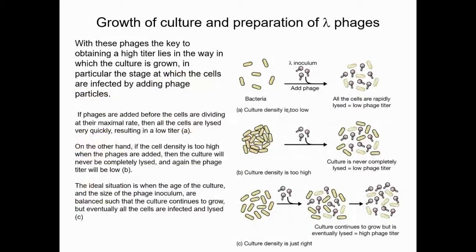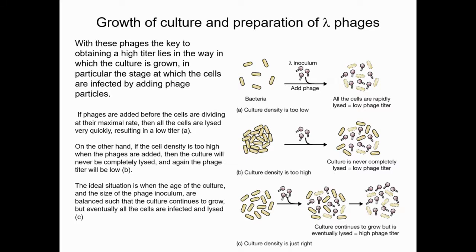Okay, and then if the culture density is too low, and you add the lambda inoculant, the cells will be rapidly lysed, and you have a very low phage titer. If the bacterial culture density is too high, then the culture is never completely lysed, and also you get a low phage titer.